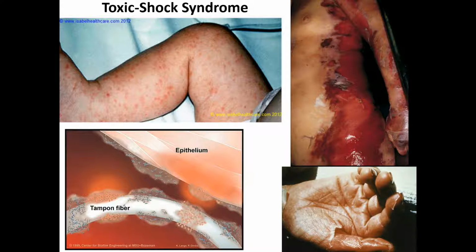Septic shock is due to bacteria in the bloodstream that begin multiplying to extremely high numbers, and for example, gram-negative bacteria have the endotoxin, the LPS, that triggers the septic shock. Toxic shock syndrome is due to a superantigen, something like toxic shock syndrome toxin 1 produced by Staph aureus.